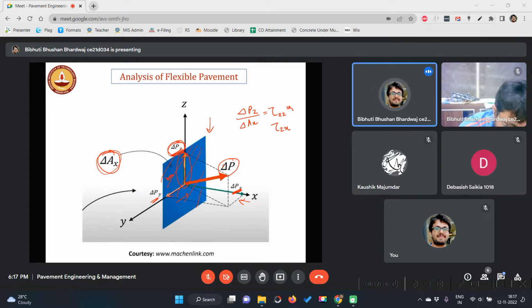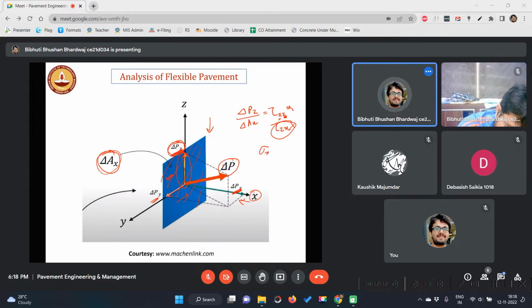So in this case, my direction of the surface is X. The second letter will denote the direction of the force. So for this it will be xz, because the surface is in x direction and the force is in z direction, not zx.